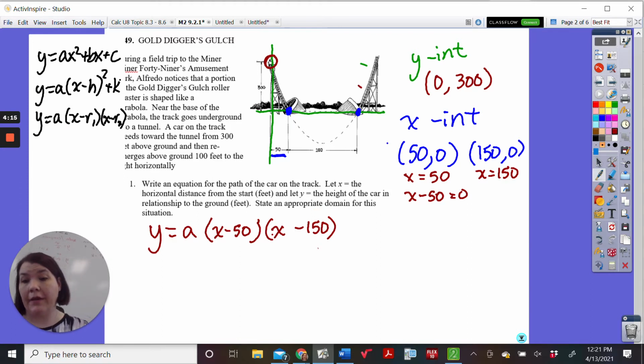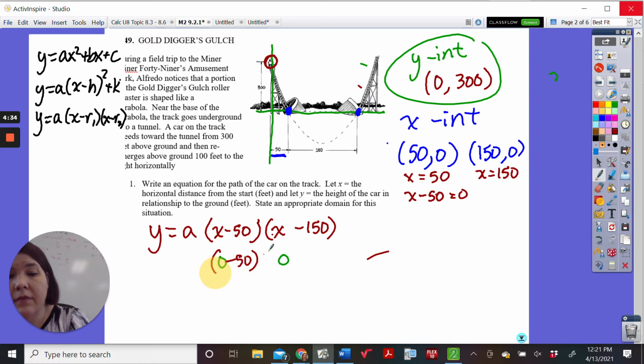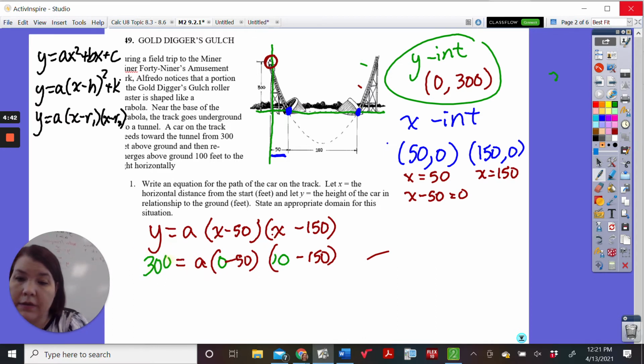We just need to figure out what a is. We're going to use our y-intercept to help us figure out a. There's our y-intercept up here. We're going to plug in 0 for x, and out will come the y-intercept value of 300 when we plug in 0.